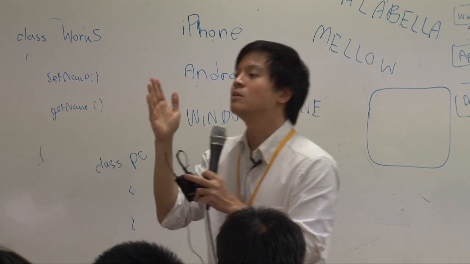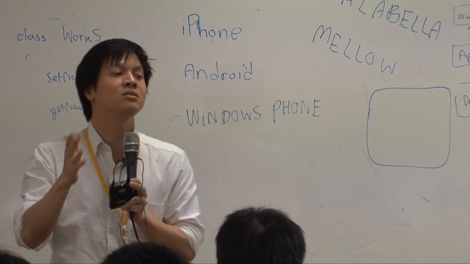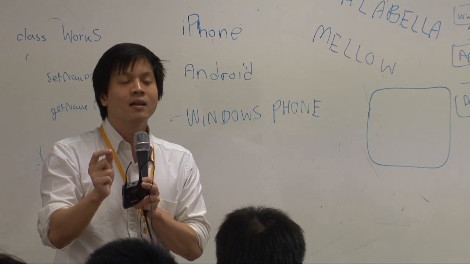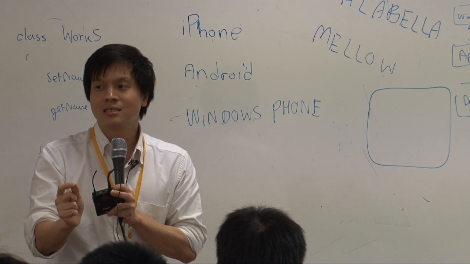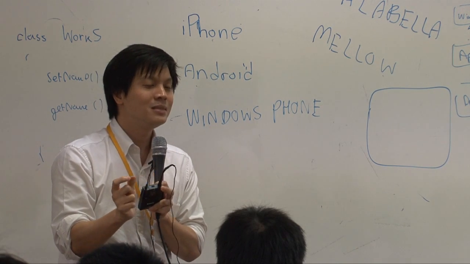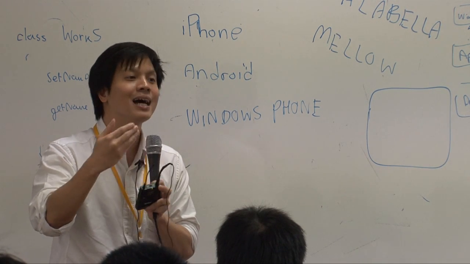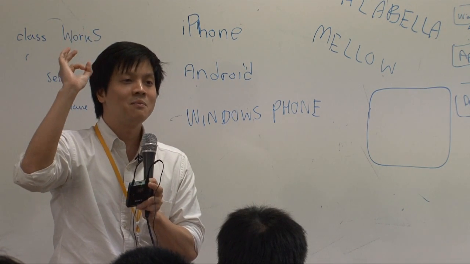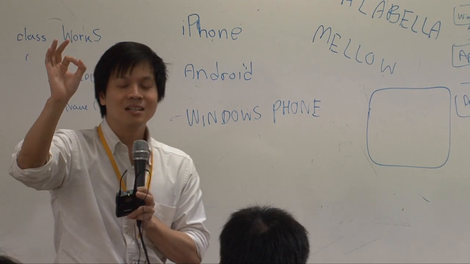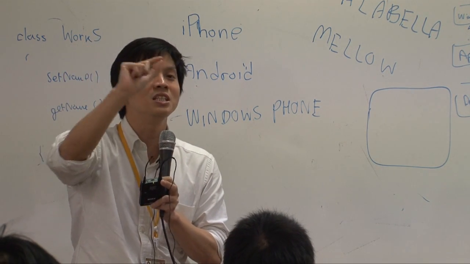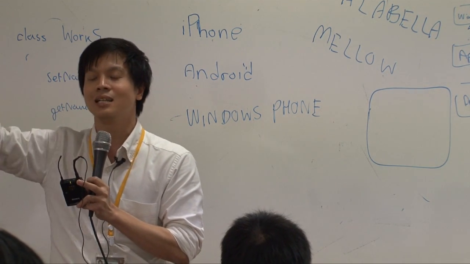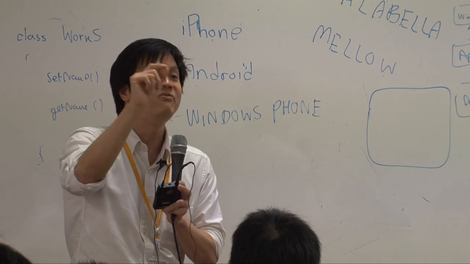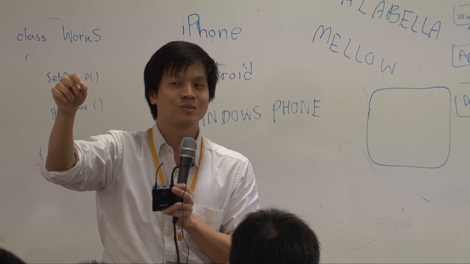So, drawing the ball, you call a method. Every time you think about calling a method, you need to know which object or which class to call it from. In this case, let's say the way to draw a big red nice circle is probably g.setColor(Color.red), and then we do fillOval.